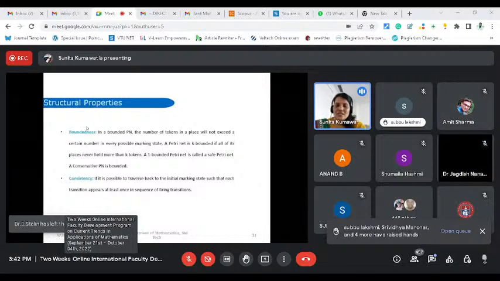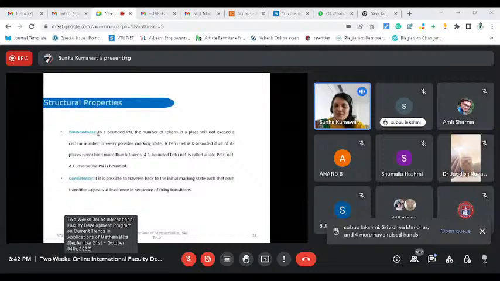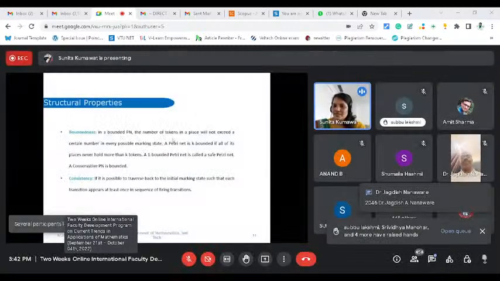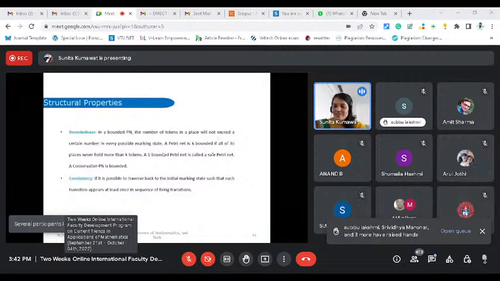Next is boundedness, whether the system is bounded or not. In a bounded Petri net, the number of tokens in a place will not exceed a certain number in every possible marking state. Initial marking only states that we have to distribute the tokens to each and every place initially, but after firing a transition the state will change.